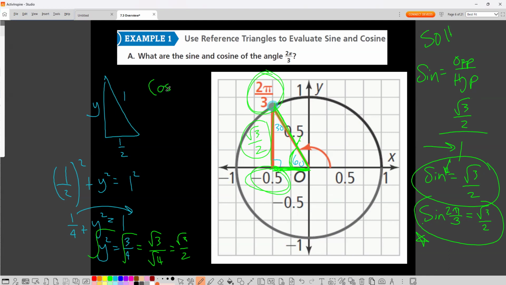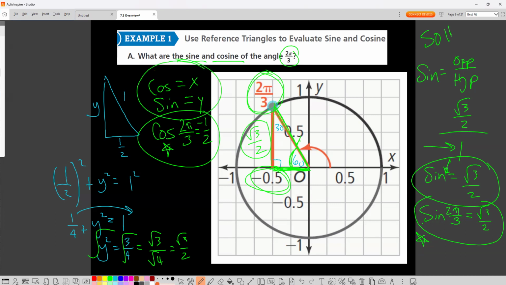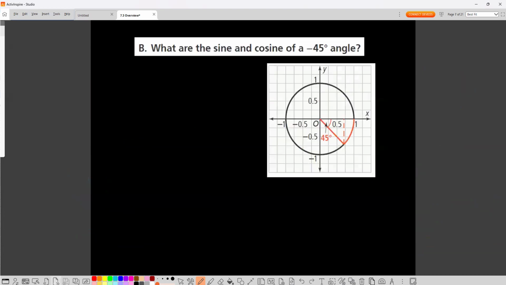So if you're understanding cosine is x, sine is y, you wouldn't even have to work this problem. You could just say, okay, cosine of my 2 pi over 3 radians is -1/2. So for the problem, sine and cosine of that angle, we've got -1/2 for the cosine, the x. So again, this is going to be something that becomes real key to remember for all of these trig problems. Let's take a look at the next one.